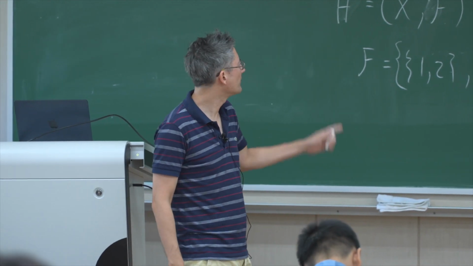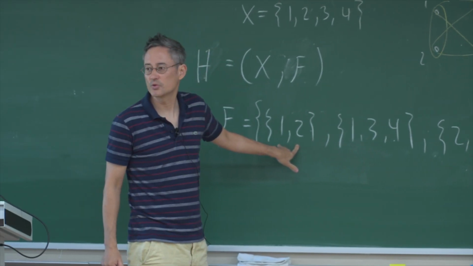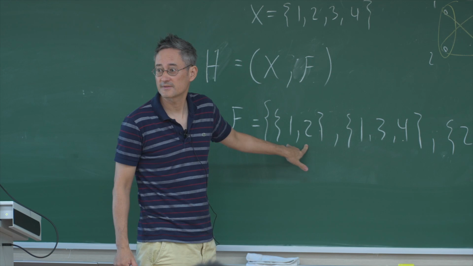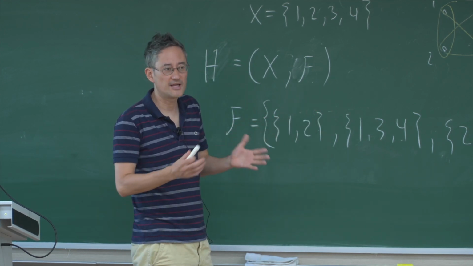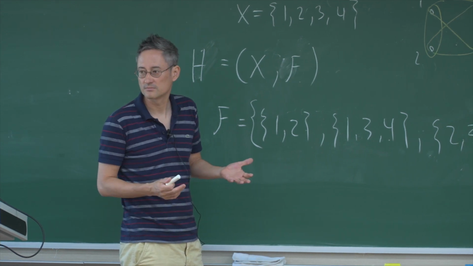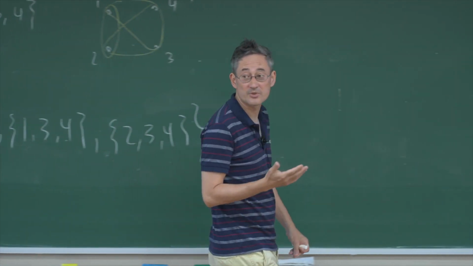Okay? And notice that if every edge has size 2, then this is what we usually call a graph, right? And this is just a more general version of a graph, where the edges don't have to have exactly 2 vertices, they can have more. In fact, we defined earlier an abstract simplicial complex.